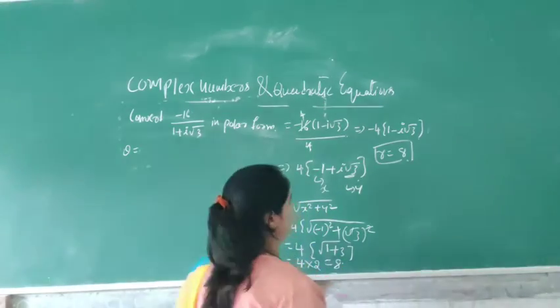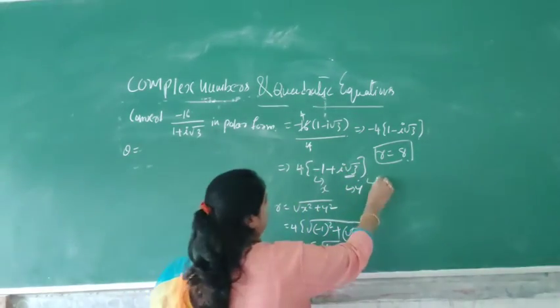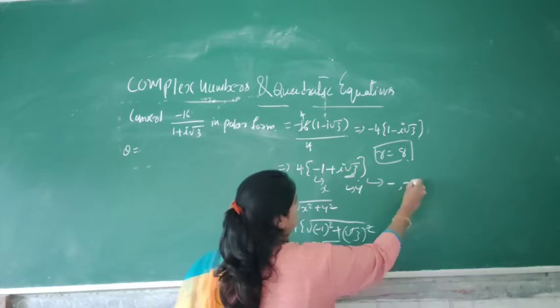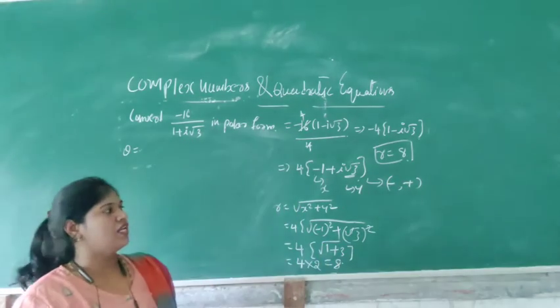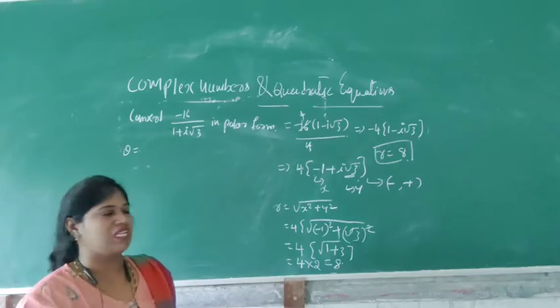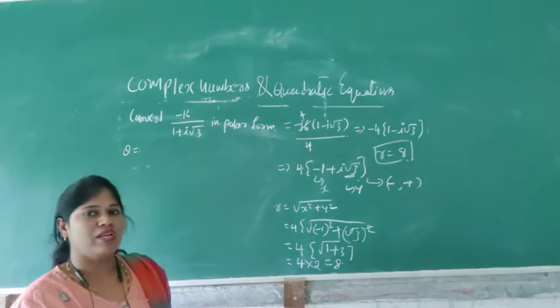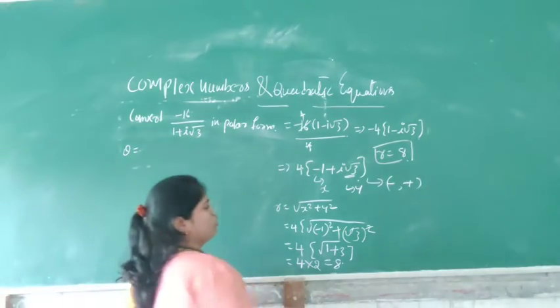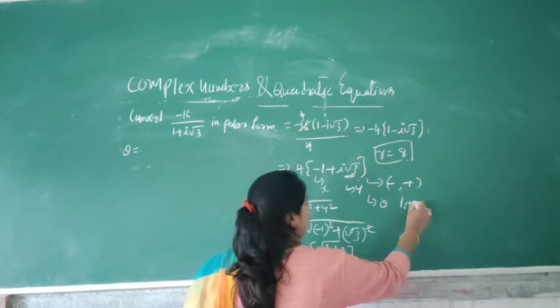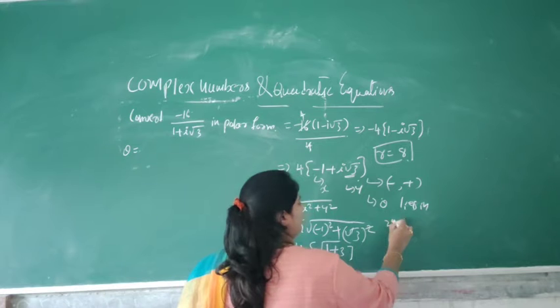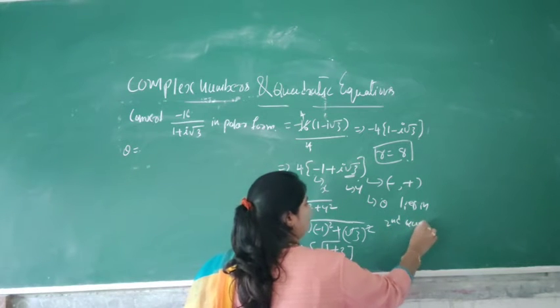So minus plus, we have simplified here now. This minus plus is in which quadrant? It is in the second quadrant now, because the x-axis is negative and the y-axis is positive. So theta lies in the second quadrant.